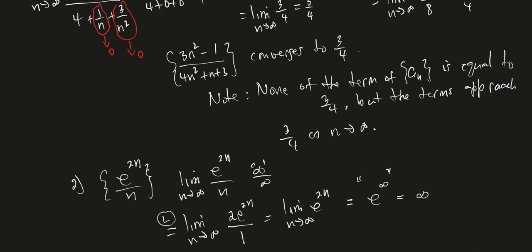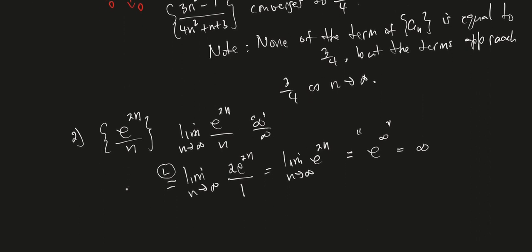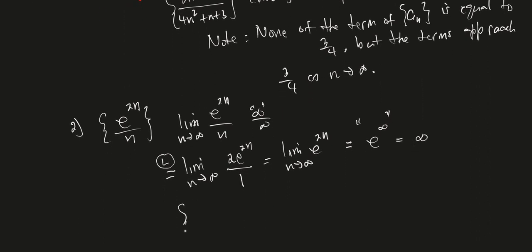So this sequence diverges. So this is a divergent sequence, right? So our sequence e to the 2n over n diverges. What this means is we can make the terms as big as we want by making our n as big as we want, right?